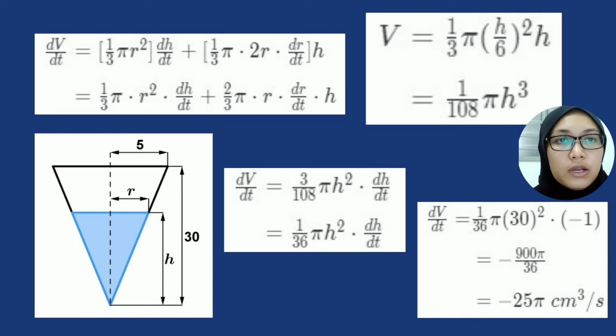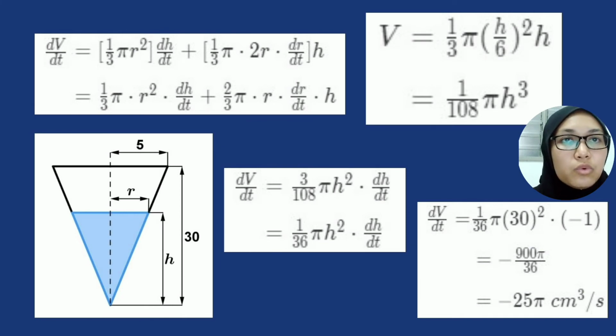Now taking the derivative of this will give us dV over dt equals 3 over 108 pi h squared times dh over dt, so equal to 1 over 36 pi h squared times dh over dt.